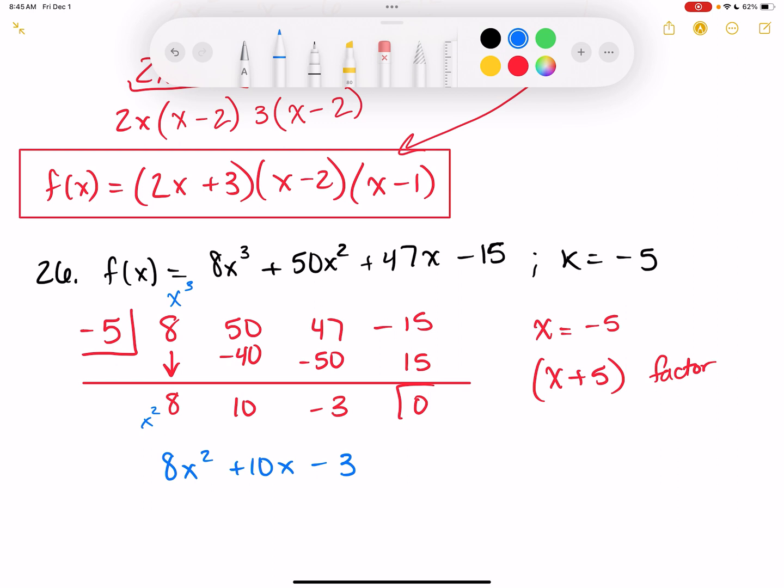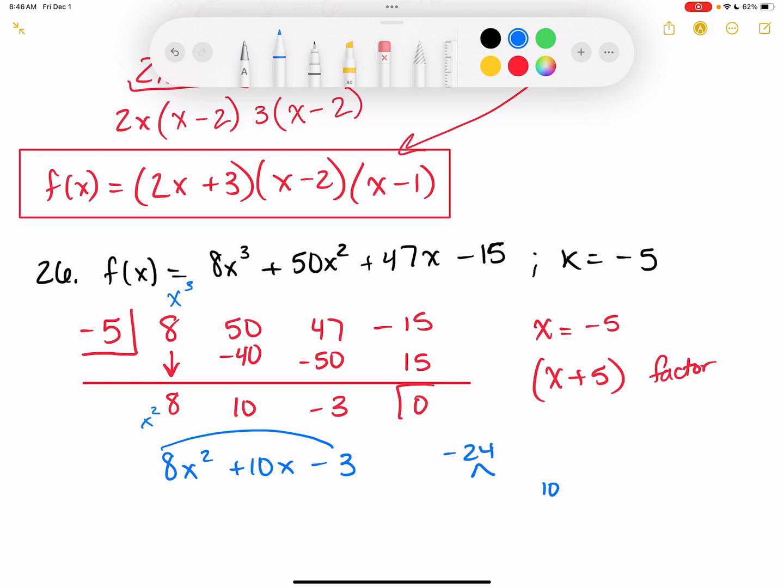So ARG method. I need factors of negative 24 that give me a positive 10. 6 and 4. Well, the only way that that's going to work is for one of them to be positive and one to be negative. So that one's not going to work.